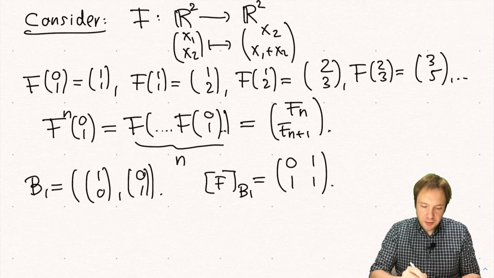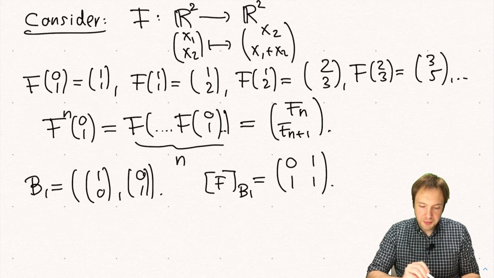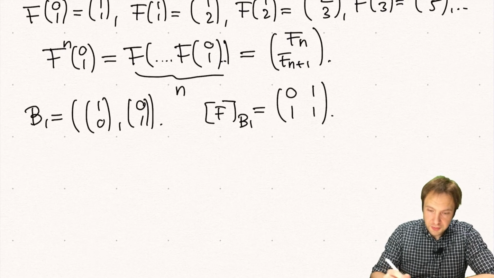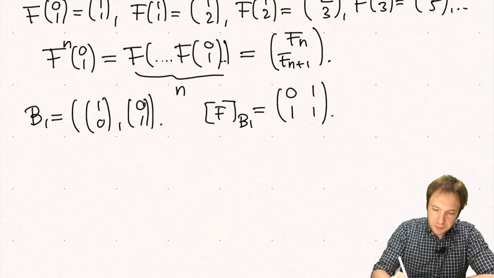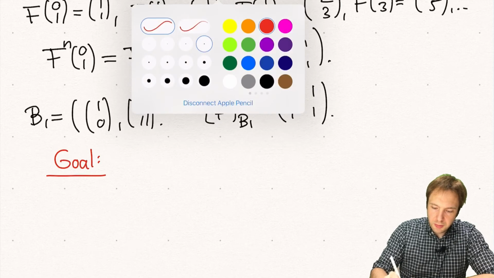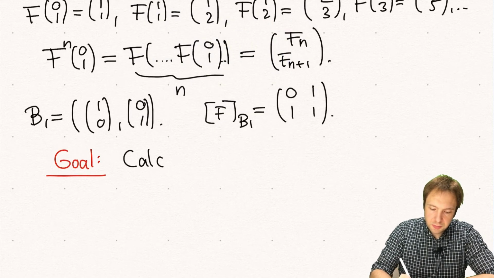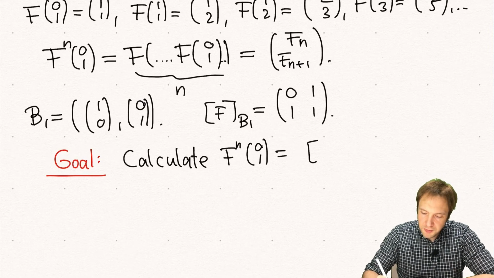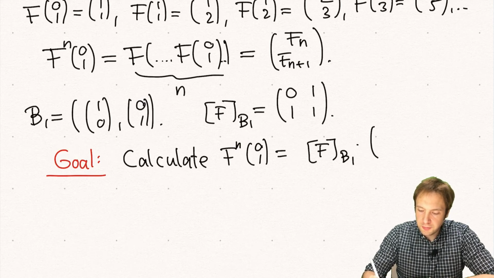And our goal is to calculate this here. So in other words, what we want is, so goal, calculate this, which now just means that we take this matrix here, P1, and multiply it with the vector 0, 1.